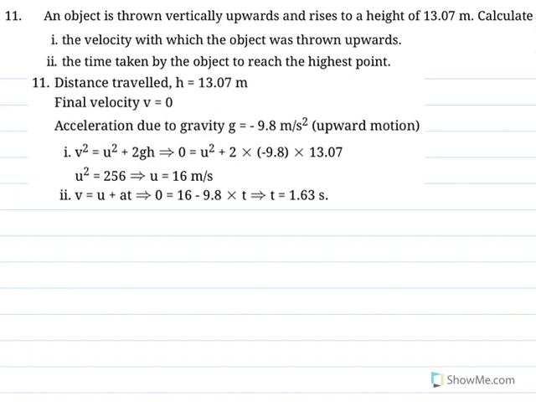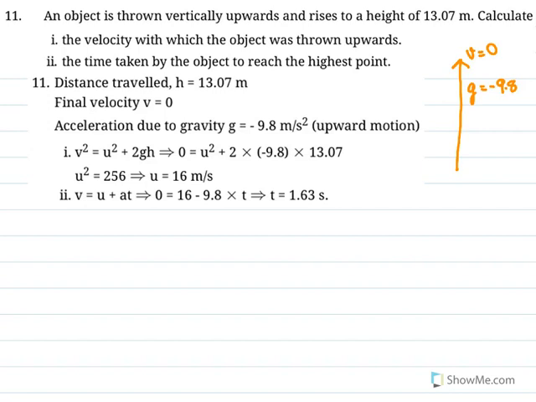An object is thrown vertically upwards and rises to a height of 13.07 meters. So here we have an object that is thrown upwards. When an object is thrown upwards, its final velocity is 0, and the g will be, in this case, negative because the object slowly stops.